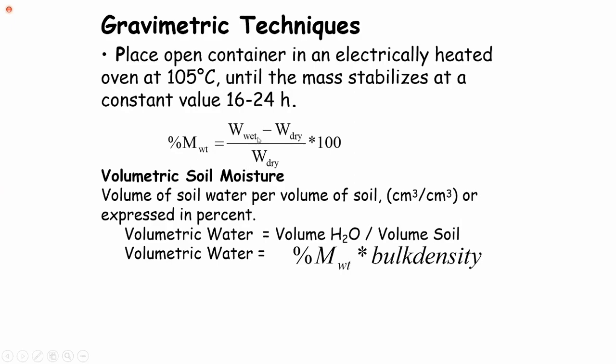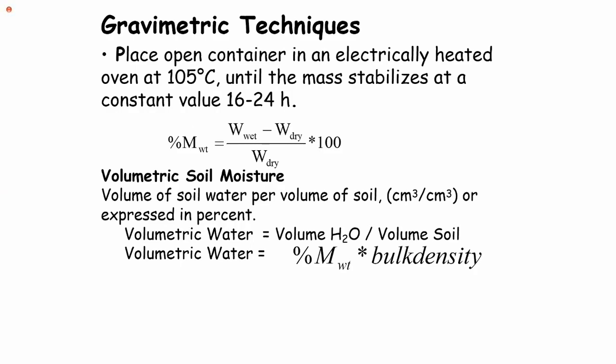It is the weight of wet soil minus weight of dry soil, that is the weight of water, divided by weight of dry soil into 100. So normally we take the dry soil, not the wet soil, in the denominator. So that is the gravimetric method.